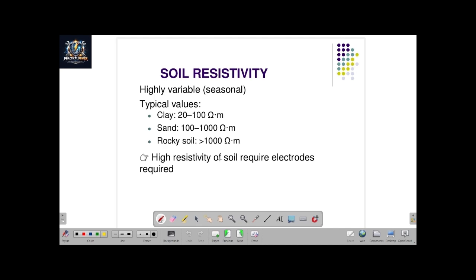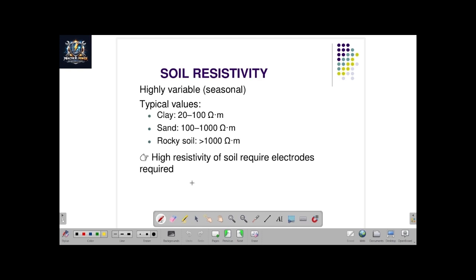High resistivity soil requires more electrodes. The vertical electrodes are inserted at the cross section points of the mesh. These are required to reduce the earth resistivity to a lower value. So for high resistivity soil, we require the earth electrodes.